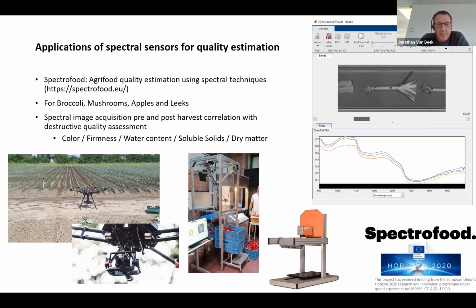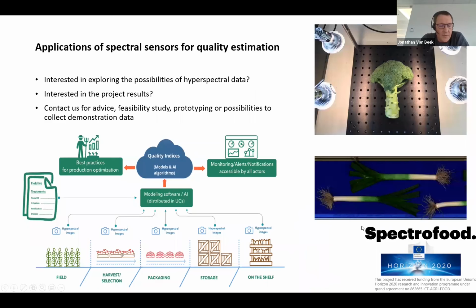And based on these setups, we can correlate these hyperspectral images with quality assessments such as color, firmness, water content, soluble solids, dry matter, and many others. On the top right, a hyperspectral image of those leek plants is shown. What we want to do is combine this with the destructive quality measurements, as I mentioned, pre and post harvest.